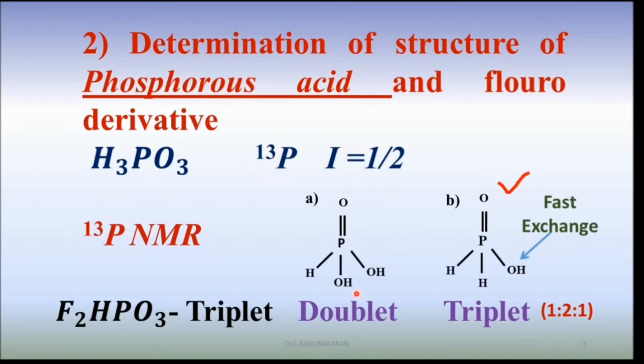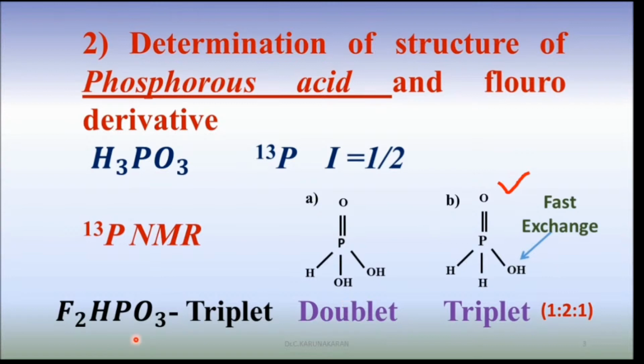Using phosphorus NMR, this compound will give you a doublet, whereas this compound will give you a triplet. The OH protons do not couple because of fast exchange with the water molecules in the solvent. In actuality, a doublet signal is obtained. Therefore, the correct structure is this one.